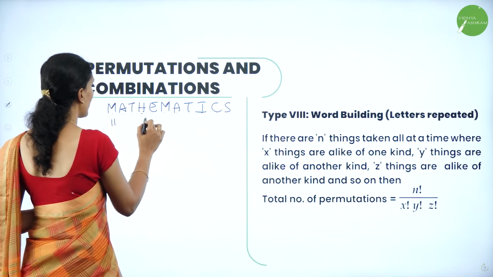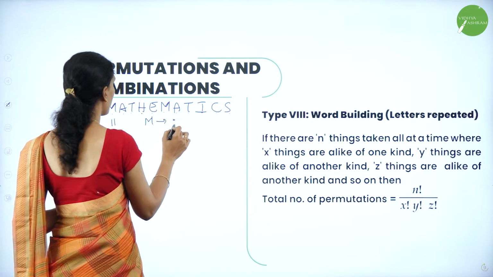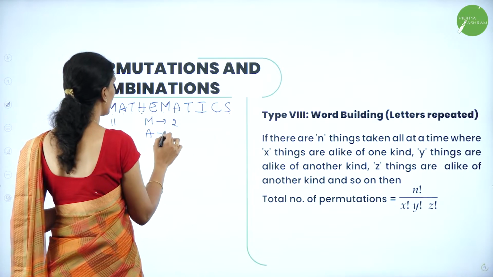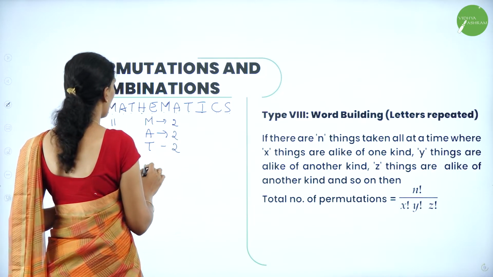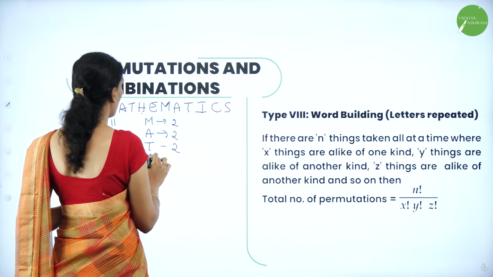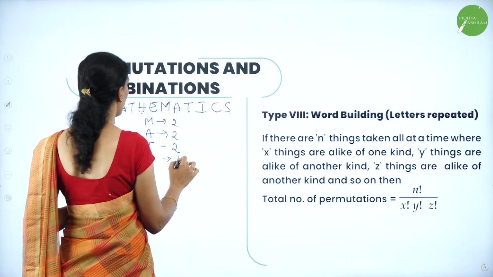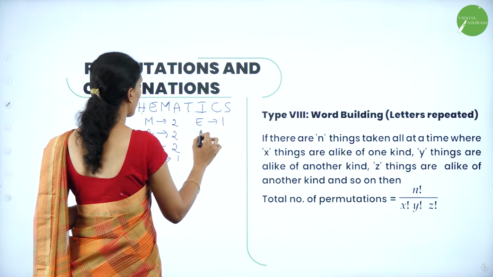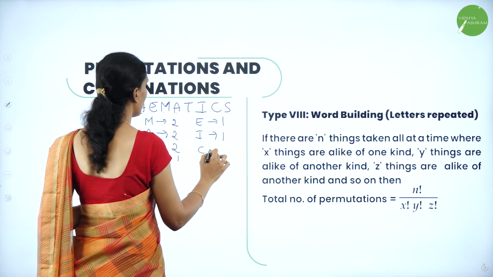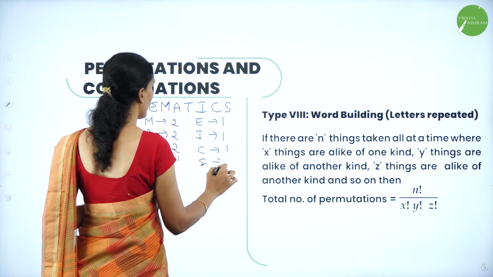M is repeated 2 times, correct? Next, A is repeated 2 times. T is repeated 2 times. H once, E once, I once, C once, S once.